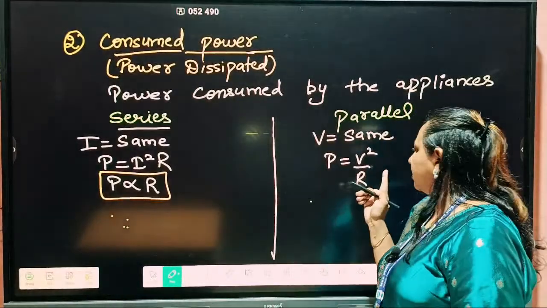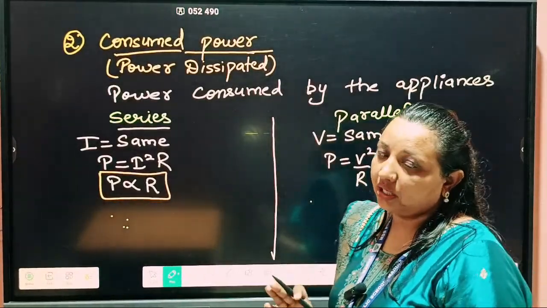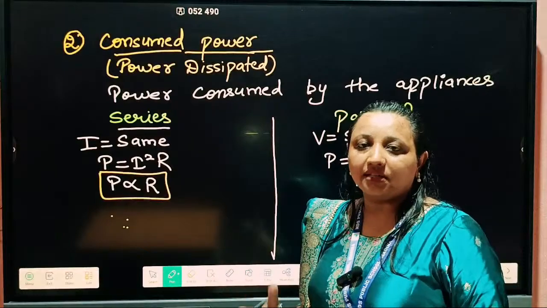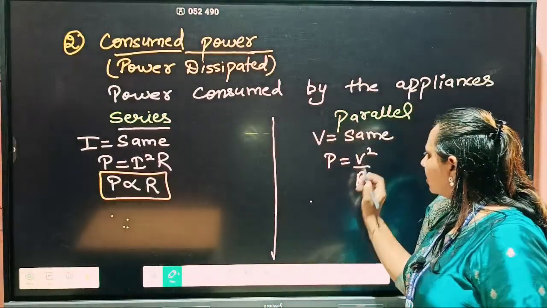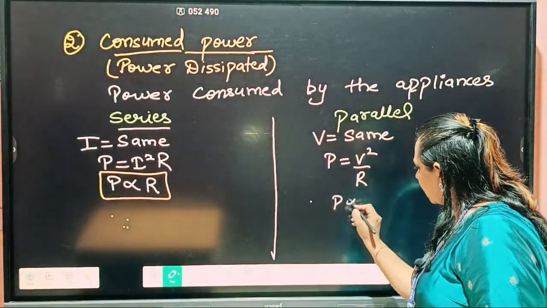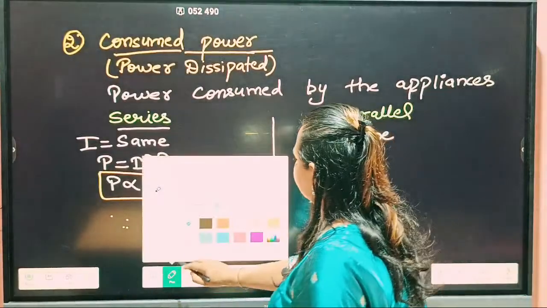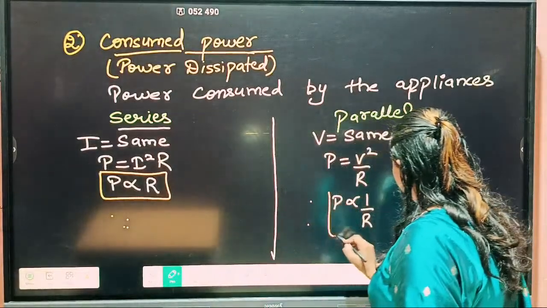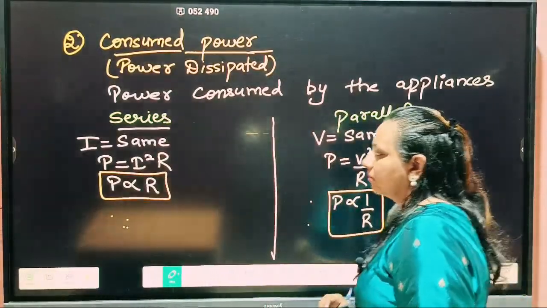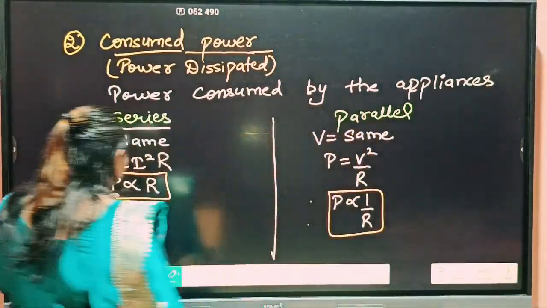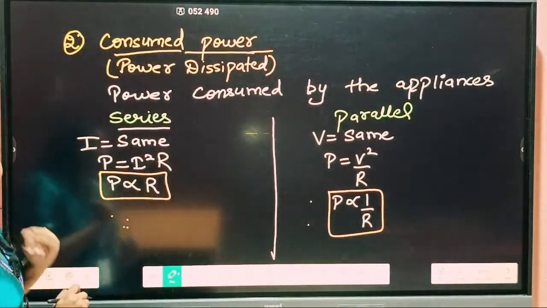Because the potential difference in parallel combination across each electrical appliance remains the same. So V remains the same, that's why P is inversely proportional to the resistance. Right? So in series, power is directly proportional to the resistance.